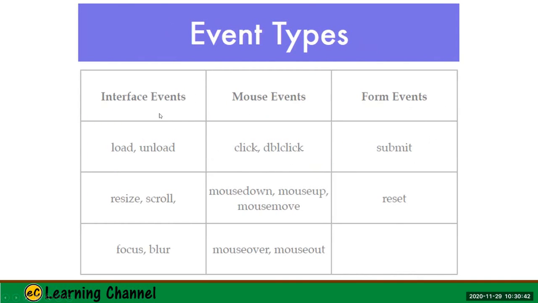Okay, here we have interface events, mouse events, form events. So for interface, you have load and unload. Interface is just like your HTML button or your body or your paragraph. You have load, unload, or an image file. You have unload, resize, scroll, blur, focus. For mouse, you have click, double click, mousedown, mouseup. For form events, you have submit and reset.